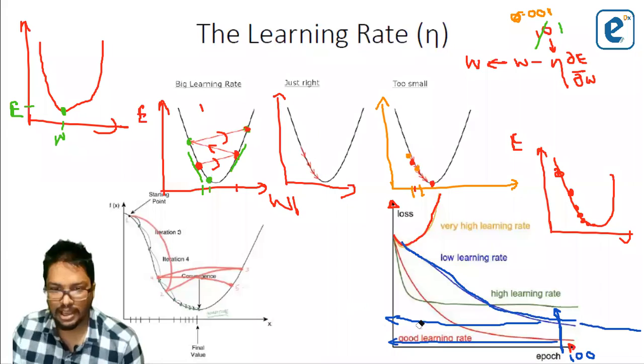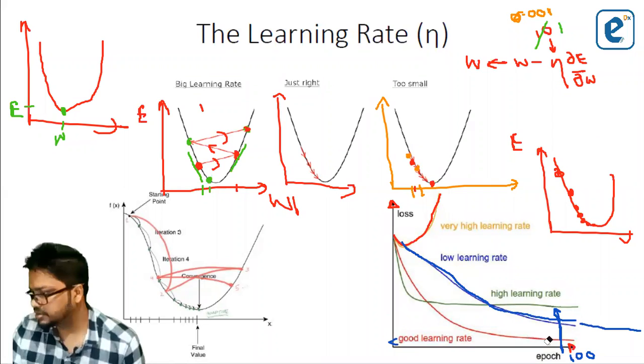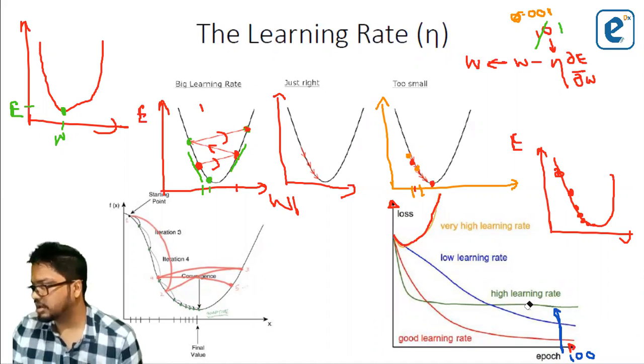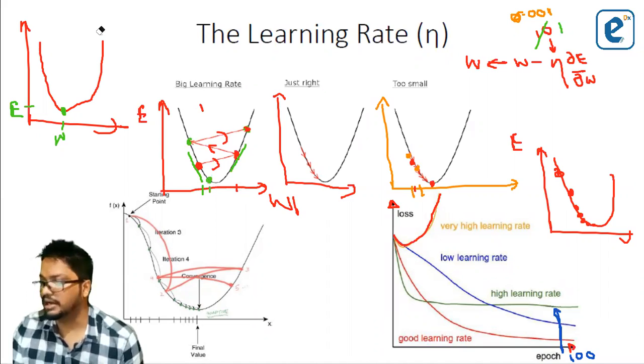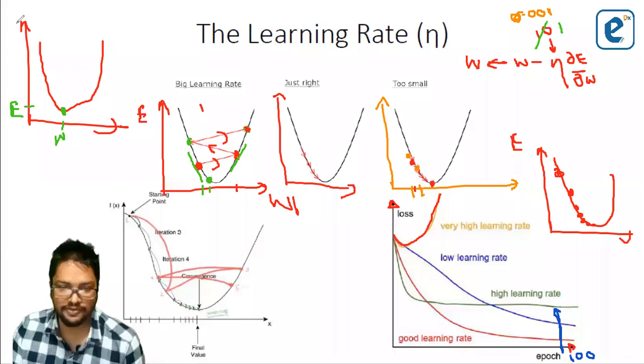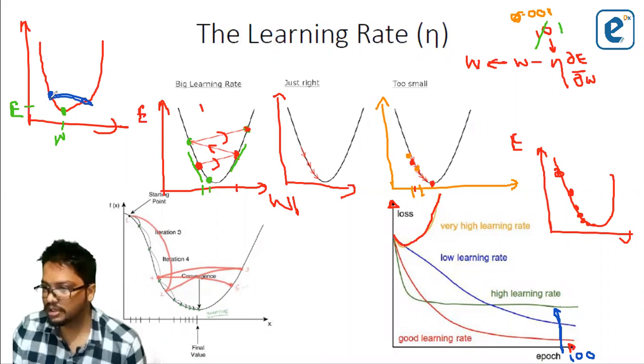Another important thing I have to show is that this takes time. Other than that, the green color one is the high learning rate. I will use this graph to explain. If the learning rate is high, sometimes this can happen: here to here and here to here.